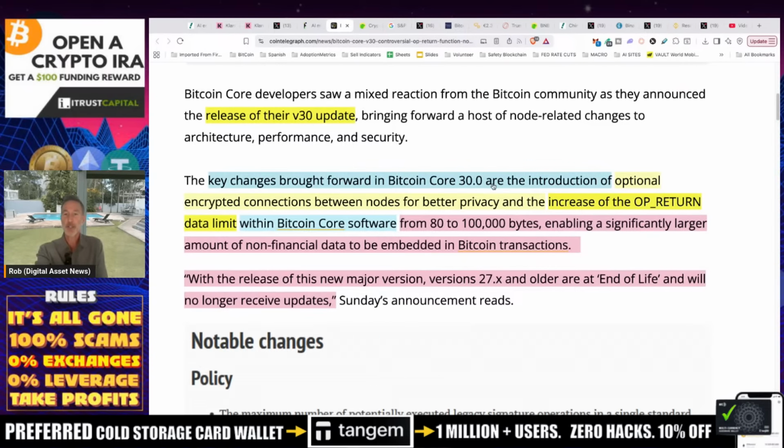And this is also the increase of the OP return data limit within the Bitcoin Core software from 80 to 100,000 bytes. It's a lot of space, a lot more space, enabling a significantly larger amount of non-financial data to be embedded in Bitcoin transactions.